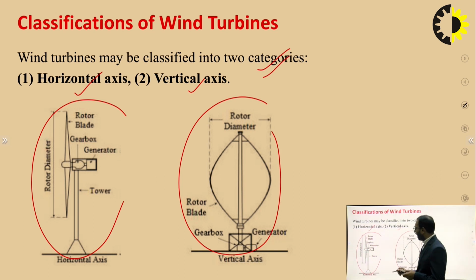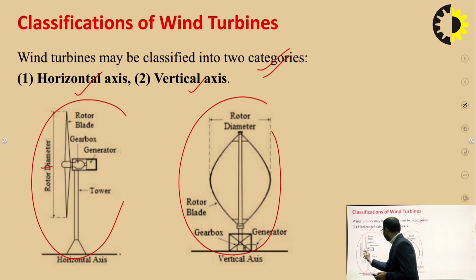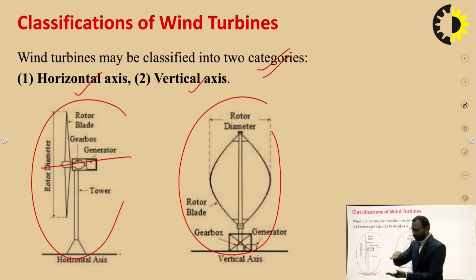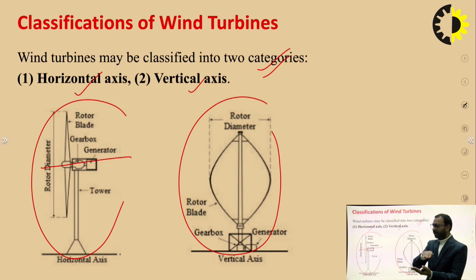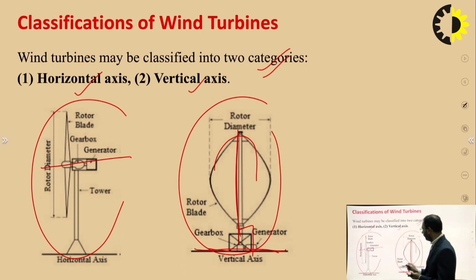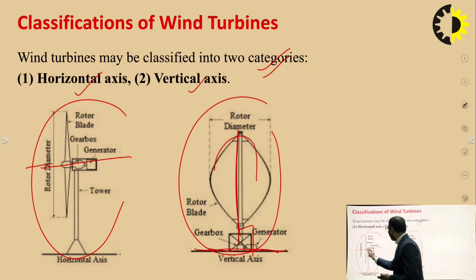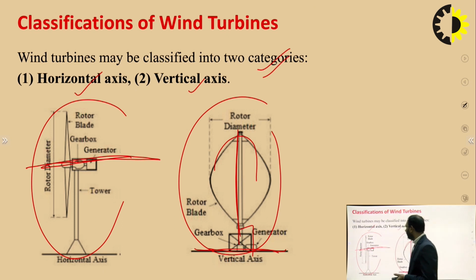Here, the shaft of the rotor is parallel to the ground, but here the shaft of this rotor is perpendicular to the ground. So this is called a vertical axis wind turbine, and this is called a horizontal axis wind turbine.